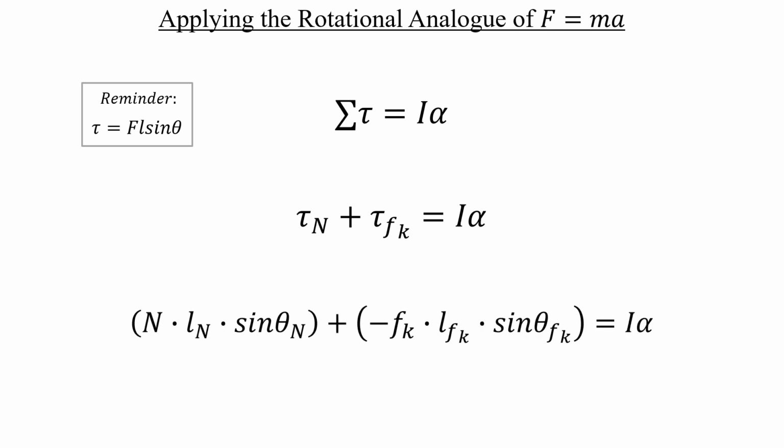In the frictional torque definition, I've set the kinetic friction force to be negative, since that force opposes the rotation and slows the grindstone down. We can't go any further here until we know the values of the lever arms and the angles. So I'll shift the focus back to our picture.